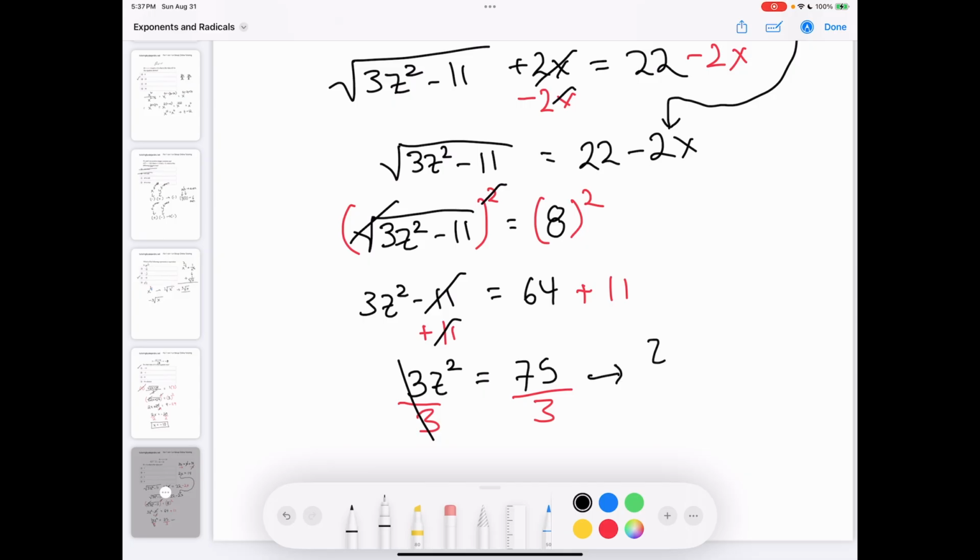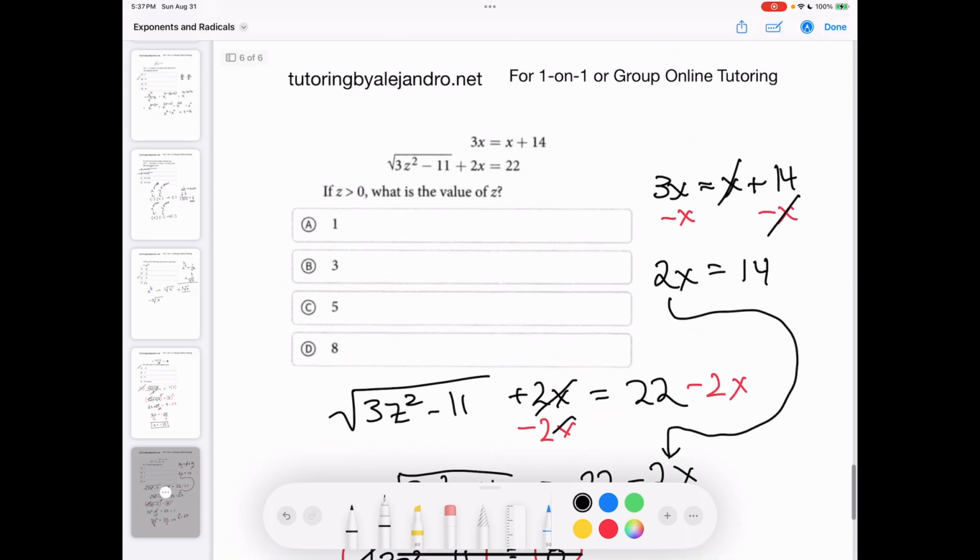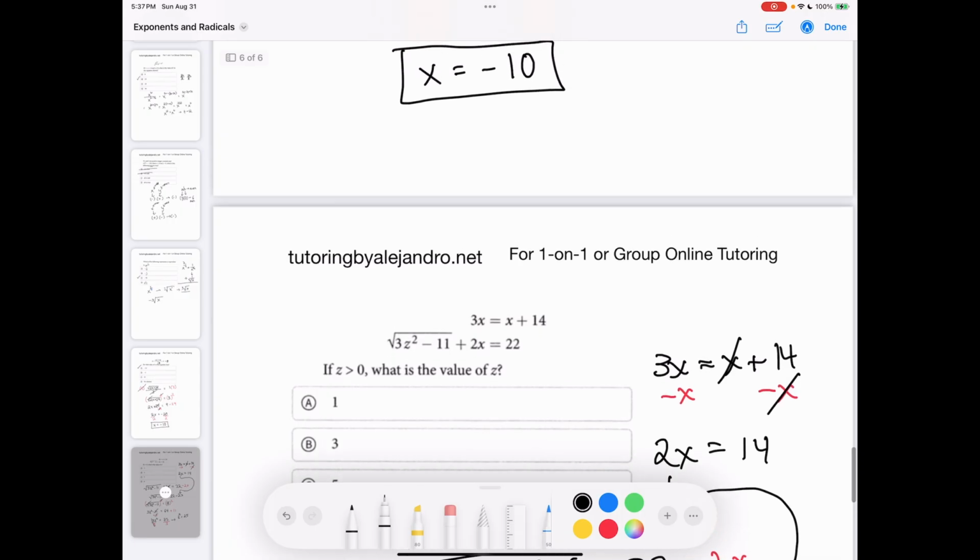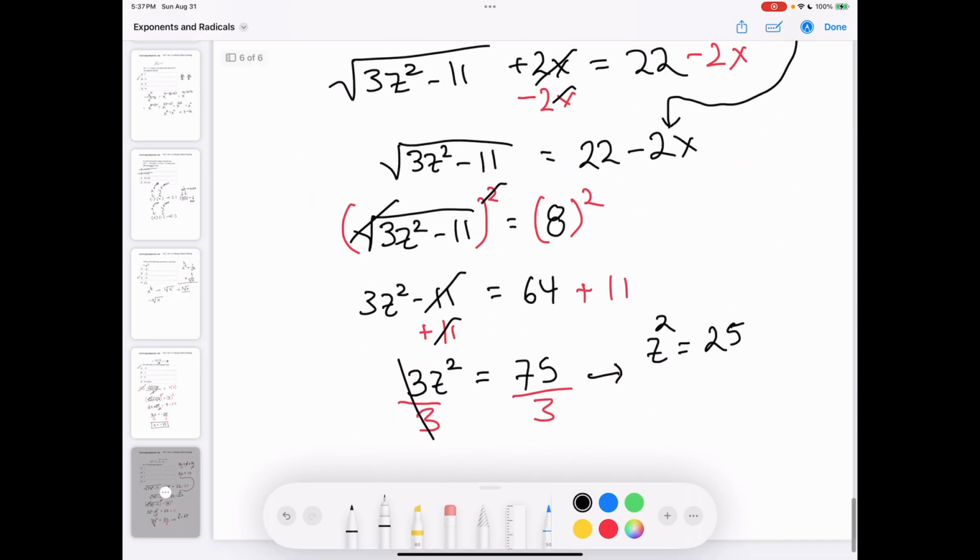So I'm left with z squared equals 25. But they are asking for the value of z, not z squared. So I'm going to apply the opposite of squaring, which is square root. I'll apply the square root on the left and on the right.